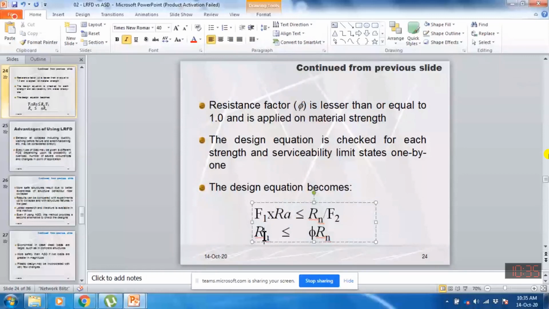Rn is divided by F2, so 1 over F2 is also referred to as phi or strength reduction factor. So Rn is just the nominal capacity without any reduction. If we multiply with the phi value, this capacity will be referred to as the design capacity. Design capacity means the capacity that we have considered after reduction.